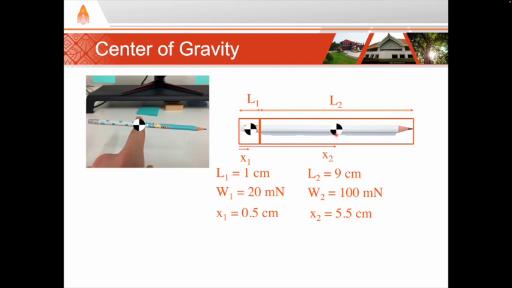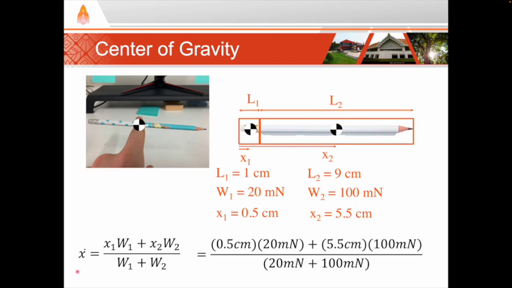We can find the center of gravity along the x-axis by taking the weighted average of the distance x and the weight w for each of these sections. So the center of gravity of the pencil, x bar, is equal to the sum of the moments about the origin, x1 times weight 1 plus x2 times weight 2, divided by the total weight.